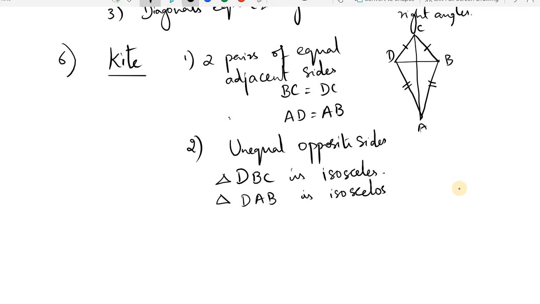So DB, one of the diagonals which serves as a common base for the two isosceles triangles, gets bisected. So DO equals OB. And also these two diagonals are perpendicular to each other. You need to note that CO is not equal to OA, but only DO is equal to OB. And this DB line is a common base if I were to split it into two isosceles triangles.